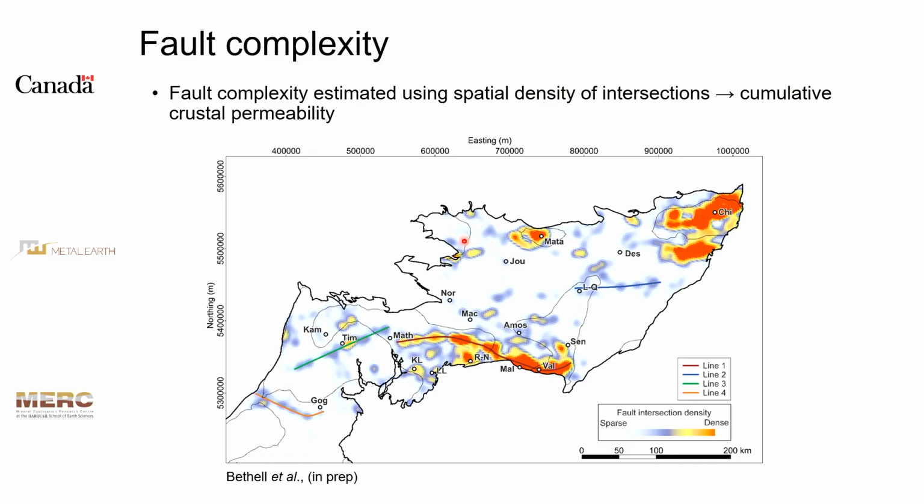We see a major hotspot in Matagami, around Chibougamau, and then this corridor from Val-d'Or all the way to Matheson. Following up from the previous talk on the Swayze, we don't see that same level of fault complexity there.